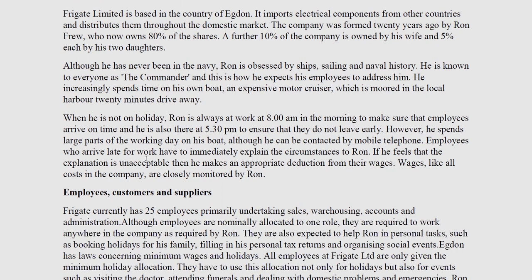Rituals and routines: employees who arrive late for work have to immediately explain the circumstances to Ron. So Ron is like the key power structure in the organization. If he feels that the explanation is unacceptable, he makes an appropriate deduction from your wages. Wages, like all costs in the company, are commonly monitored by Ron. He's the control structure there.